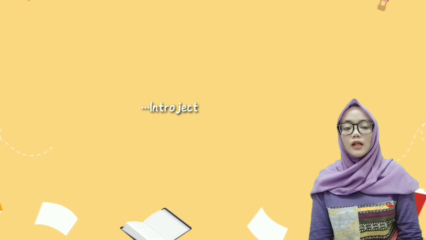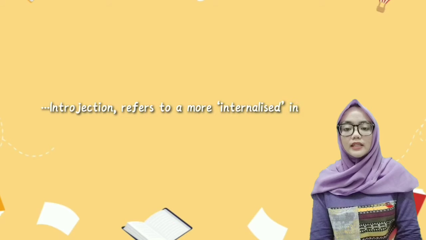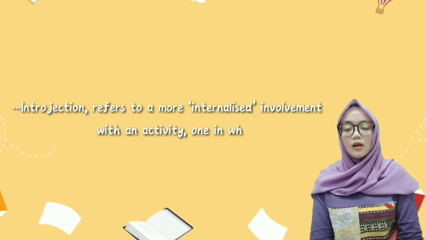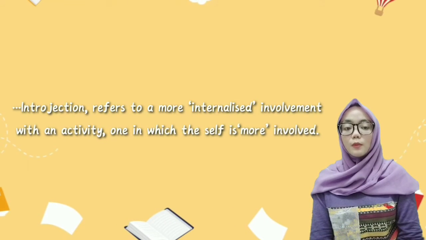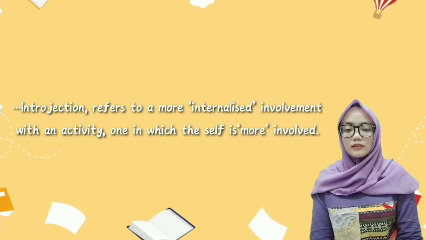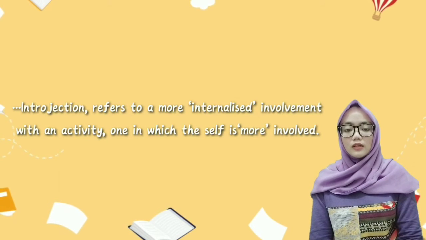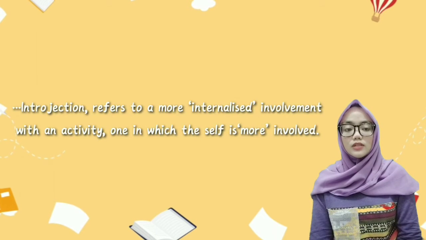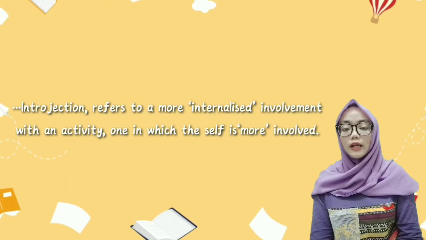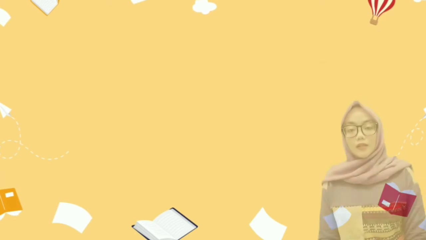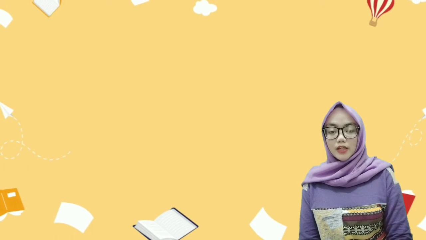The second type of extrinsic motivation is introjection. It refers to a more internalized involvement with an activity, one in which the self is more involved. At this stage, behavior is not yet self-determined, but the individual is beginning to internalize the reason for her or his actions. The last is identification.